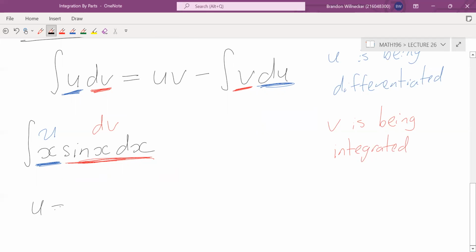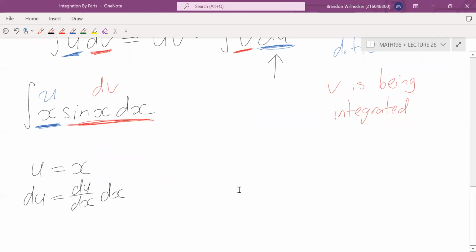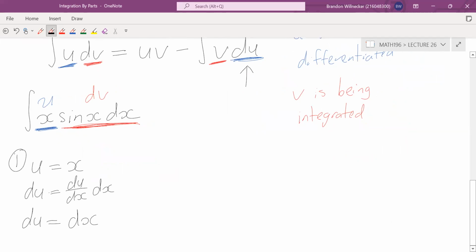So u is equal to x, and we want to find du. du is going to be du by dx dx. Remember that from u substitution. So du is going to be dx. That's the first part. Next part, dv is equal to sine x dx. That's the red part there.